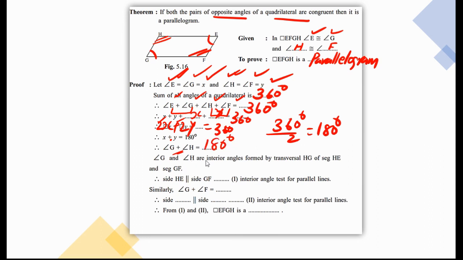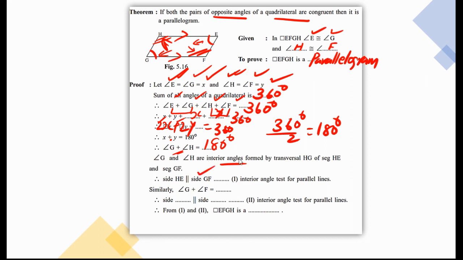ये क्या हमको प्रूव कर रहे हैं? इंटीरियर एंगल्स का टोटल 180 डिग्री हो गया. करेक्ट? G and H, let us look at the diagram. G and H, E and F, total 180 degree हो गया. इसका मतलब we have to say that the sides, this side we can say HE and this is GF.